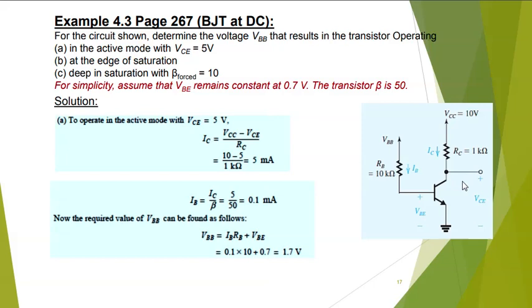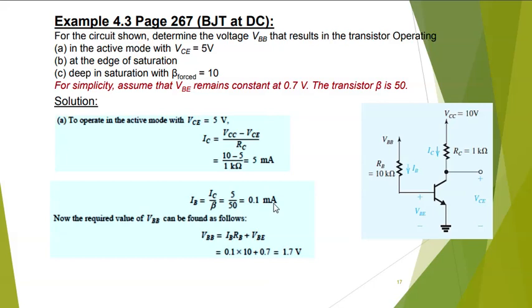If VCE is 5 and we are in the active mode, then 10 minus 5 over 1K will give us IC, right? So IC should be 5 milliamps. If IC is 5 milliamps, I know that beta is 50, so IB must be 5 over 50.